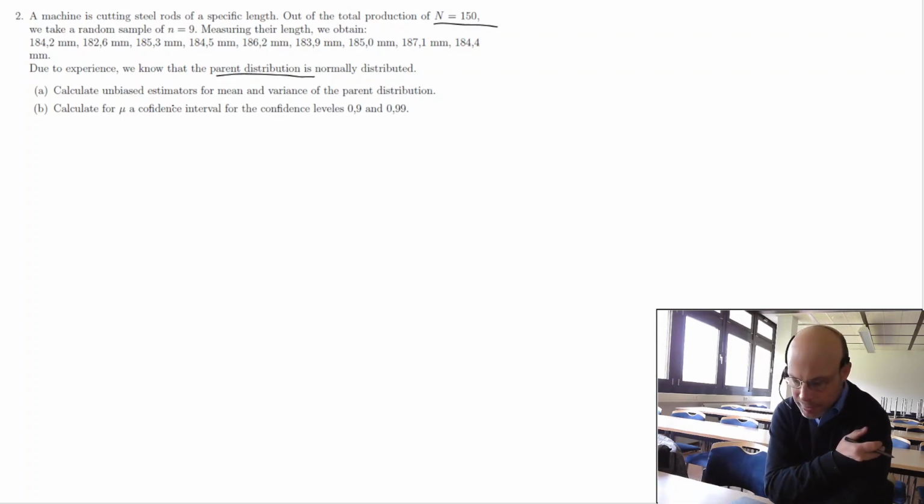So before starting the calculations, from these information, what do we already know and what kind of distribution we will apply in this question?